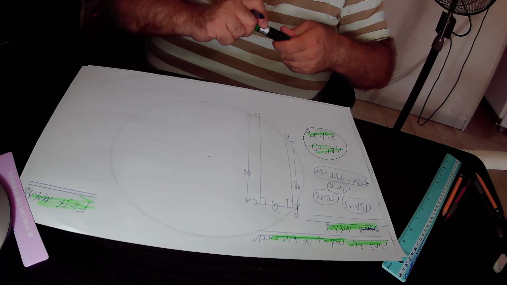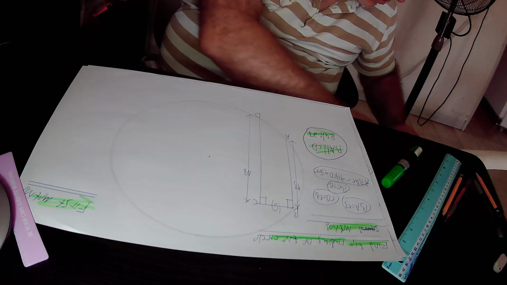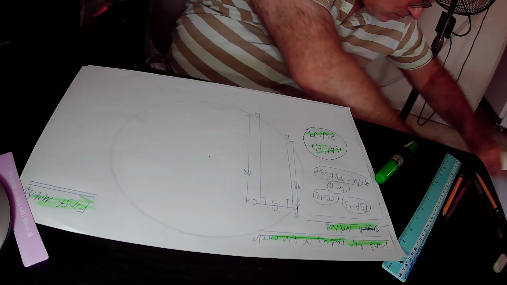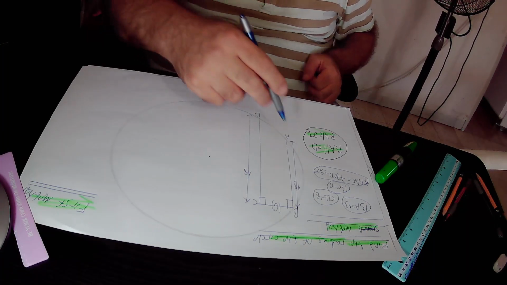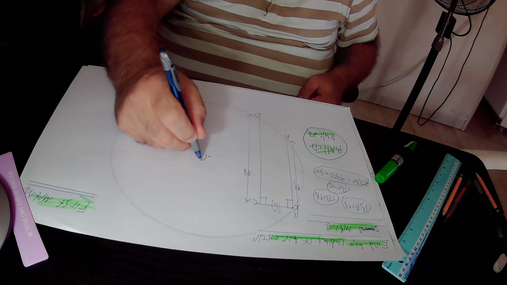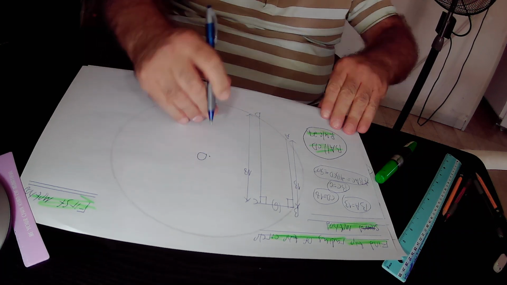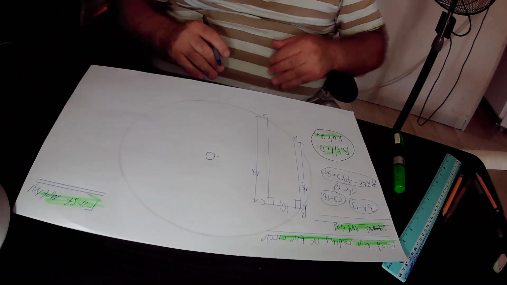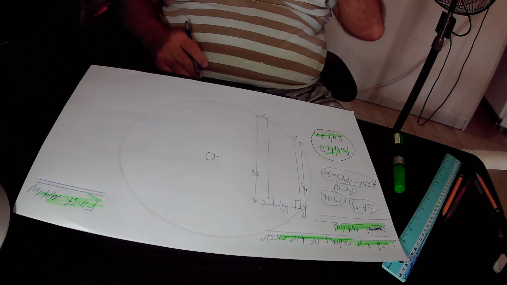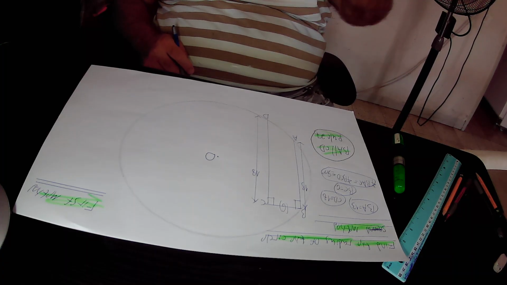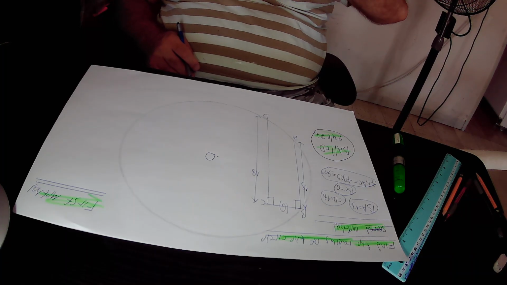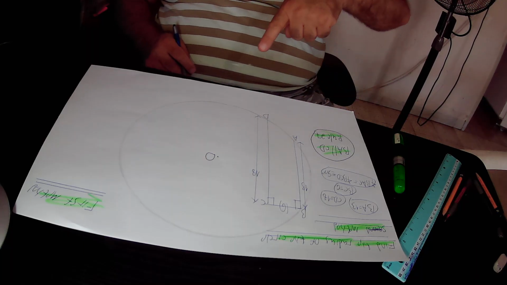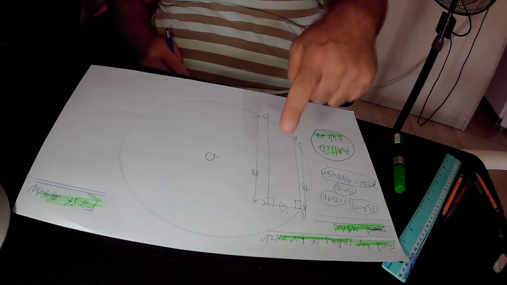In the next step, we will define the center of this circle. This point is point O. And from point O, that is the center of the circle, we will draw a perpendicular on line segment CD.